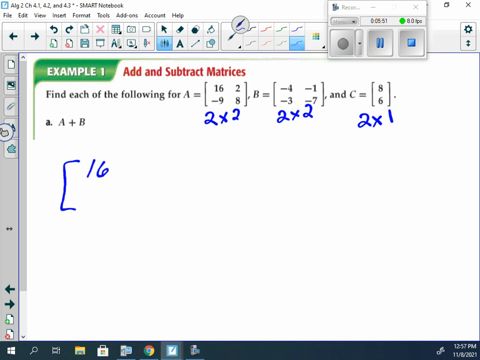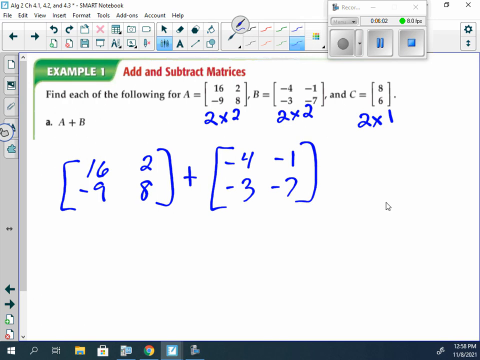Well, matrix A is 6, -9 and 8. And we're adding to it -4, -3, and -7. Now, because there's an addition sign between those two matrices, we're going to add the corresponding elements.